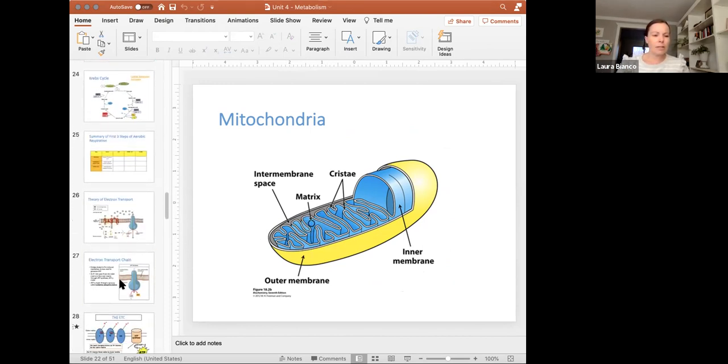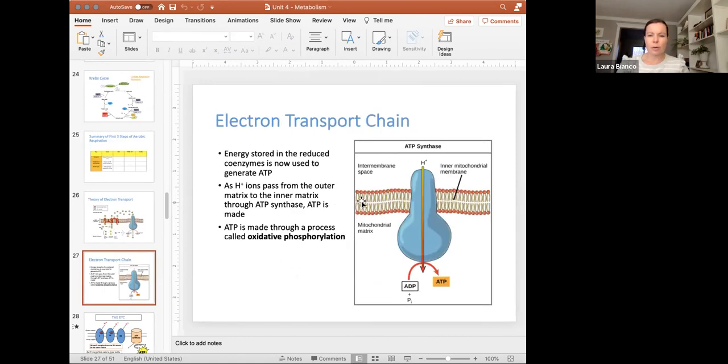So let me go back to this picture. This is showing you the inner membrane. So this is that blue membrane that's folded. This is the space that's outside of that blue membrane. And this is the space inside of it where the matrix is.